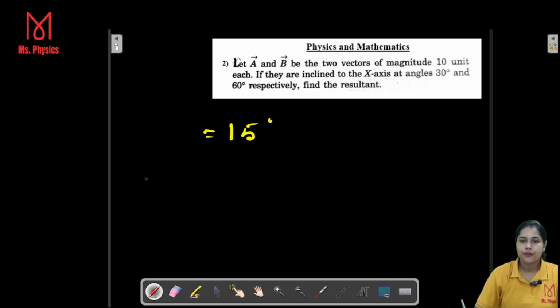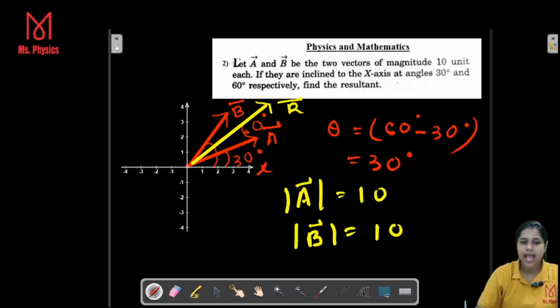Okay. Therefore, here you are getting two values: one is the magnitude and another is the angle alpha. But alpha is the angle between R and A, as you see in the figure. But we have to find out the angle between R and the X axis. So obviously we have to add alpha with the 30.